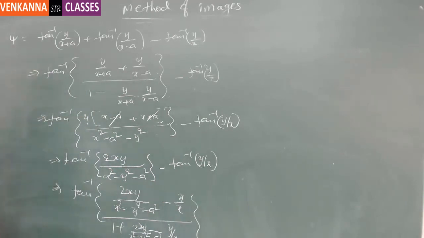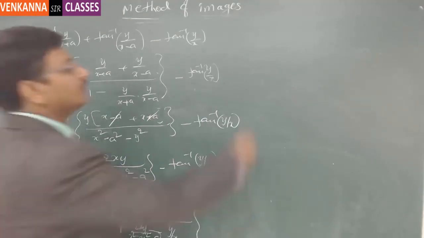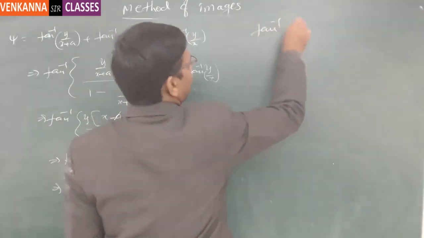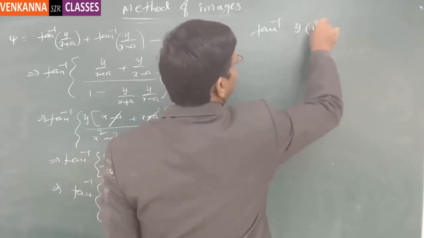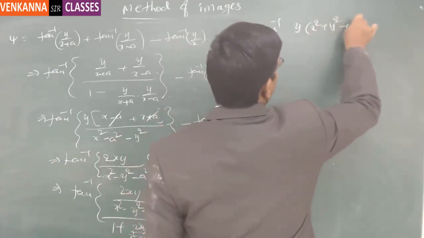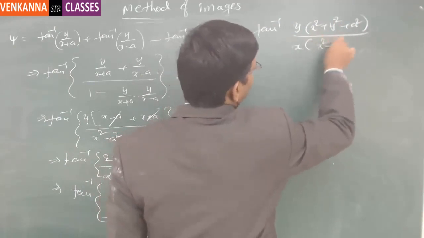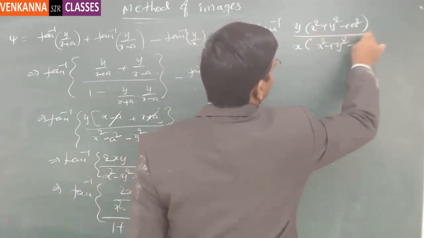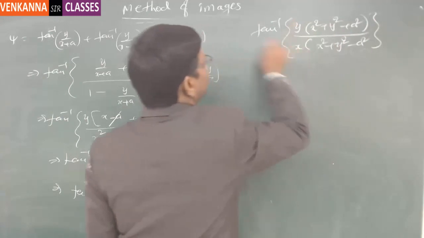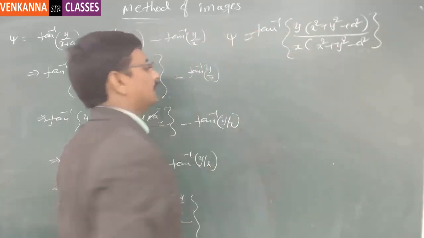So this is the function which we need to simplify. After simplifying this, what you are going to get is tan inverse of y into (x square plus y square plus a square) divided by x into (x square plus y square minus a square). So this is what we get, which is nothing but the psi.